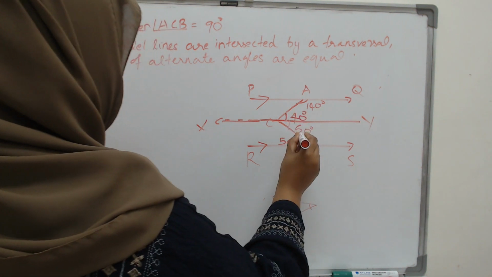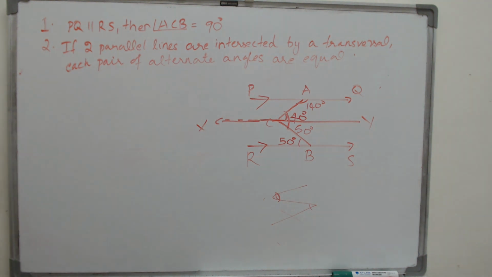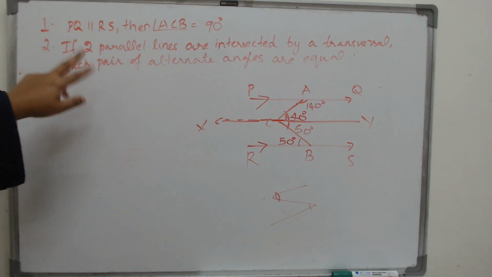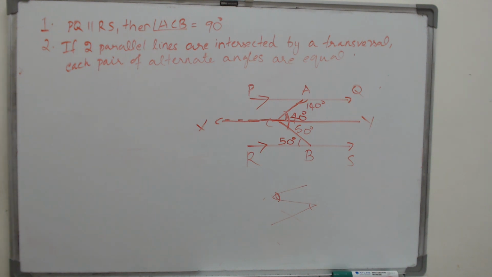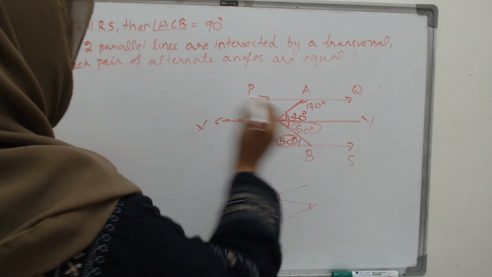A 50 here, a 40 here, together it is 90. Your first statement is correct. Look at the next one. If two parallel lines are intersected by a transversal, then each pair of alternate interior angles are equal, which is a correct statement, and that is exactly what we did to prove this.